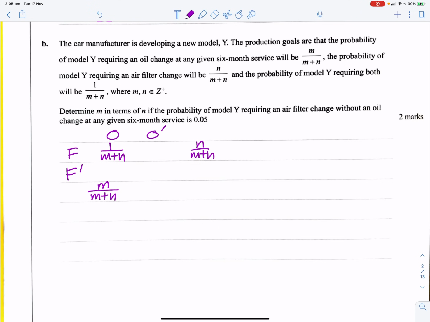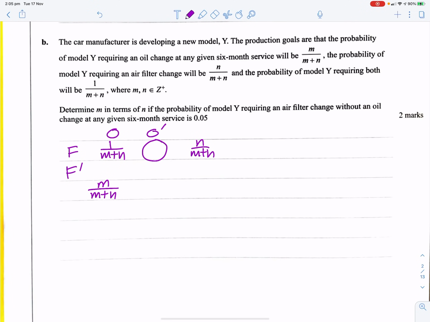Determine m in terms of n if the probability of the Model Y requiring an air filter without an oil change at any given service is 0.05. So we want to find this one here, which we know is the probability of filter intersects not oil, is n on m plus n minus 1 on m plus n, which is n minus 1 on m plus n.